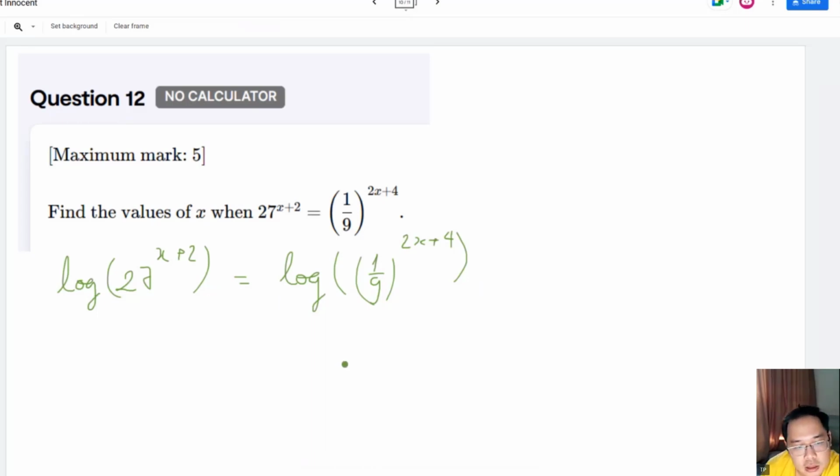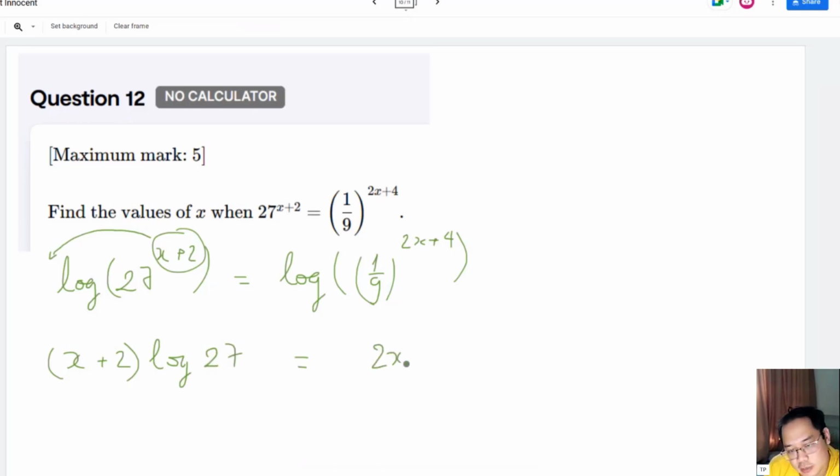When doing the logging like this, now we can bring the indices to the front. X plus 2 times the log of 27 equal to 2x plus 4 times the log of 1 over 9.